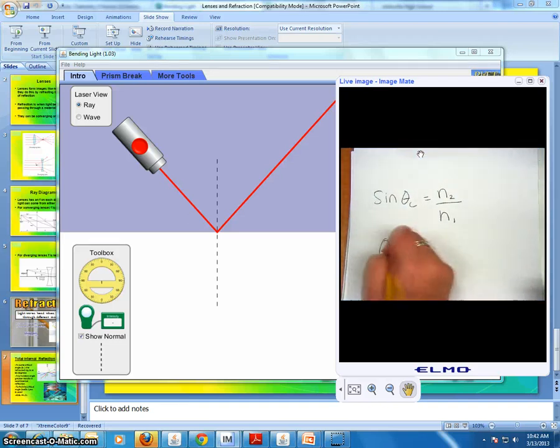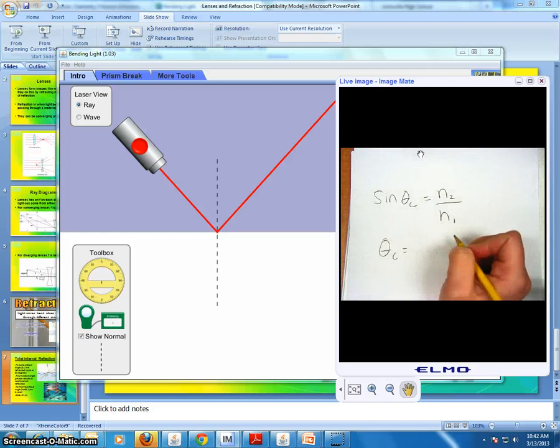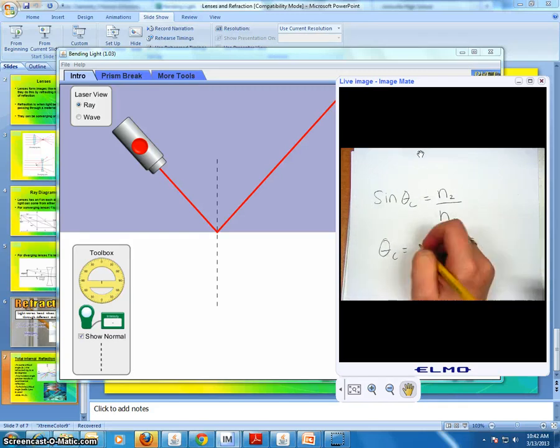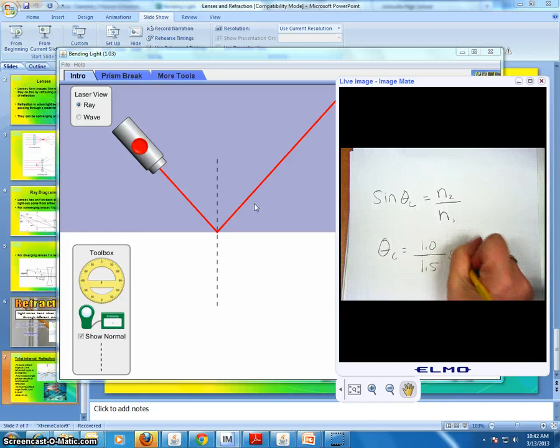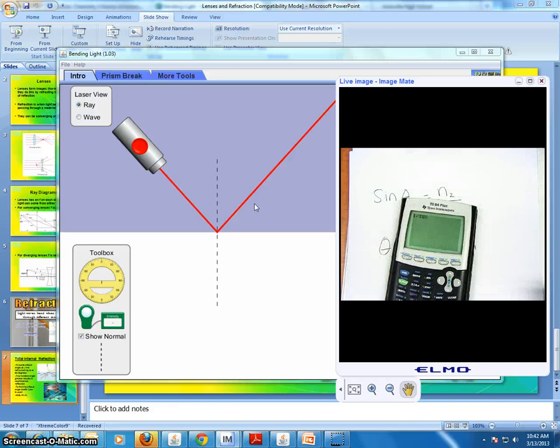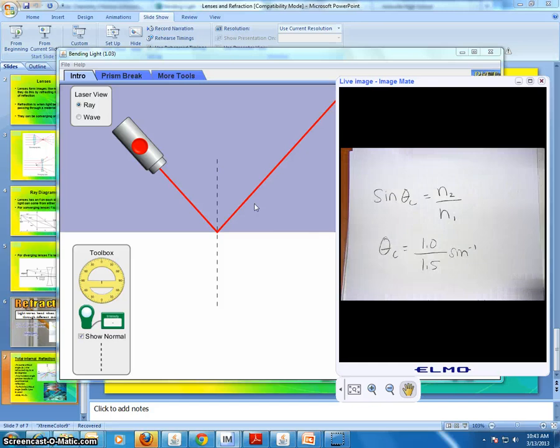I take n2, the second medium, which in this case is air, so it would be 1. Our glass up here was 1.5. Then I do inverse sine to get the angle. So I take 1 divided by 1.5, and I get about 42 degrees as the critical angle.